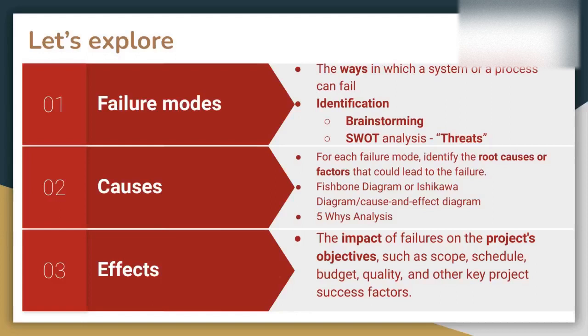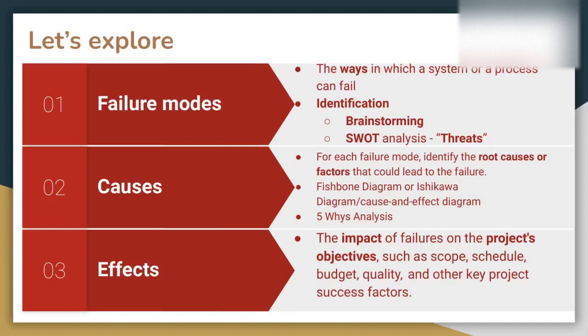Okay, these are not the only two identification techniques. There are other techniques which you can definitely apply, but these are certainly some of the common ones that can be used. Now, once these failure modes are identified, it is important for the project team to know the root cause or the factors for each of these failure modes.